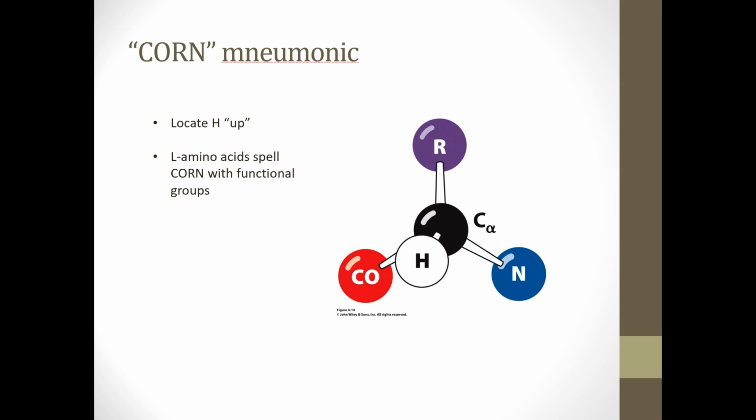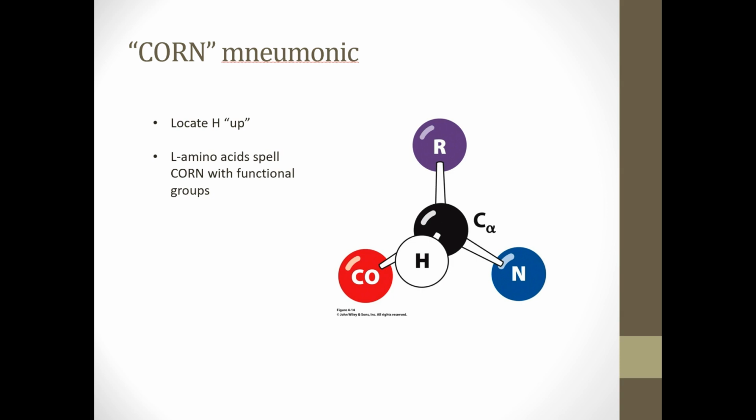Now, if you are asked to draw an L-amino acid or identify an L-amino acid, there's a really neat trick. You don't have to memorize the structure of glyceraldehyde. What you can do is just use this CORN mnemonic.